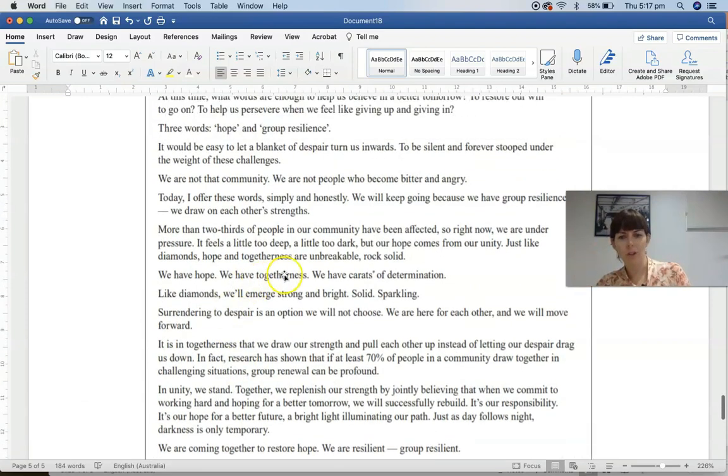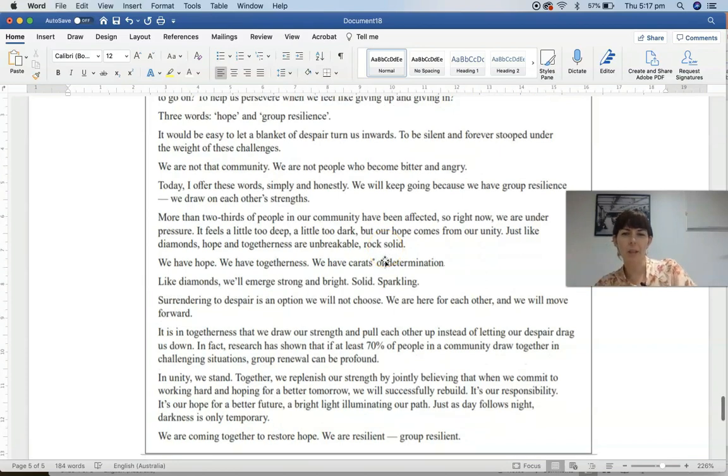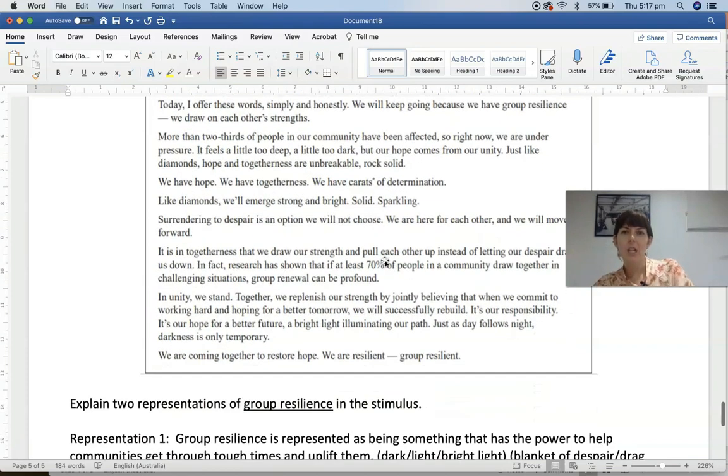We've got this reference to carrots of determination, like diamonds, solid, sparkling, this idea of being unbreakable and rock solid.